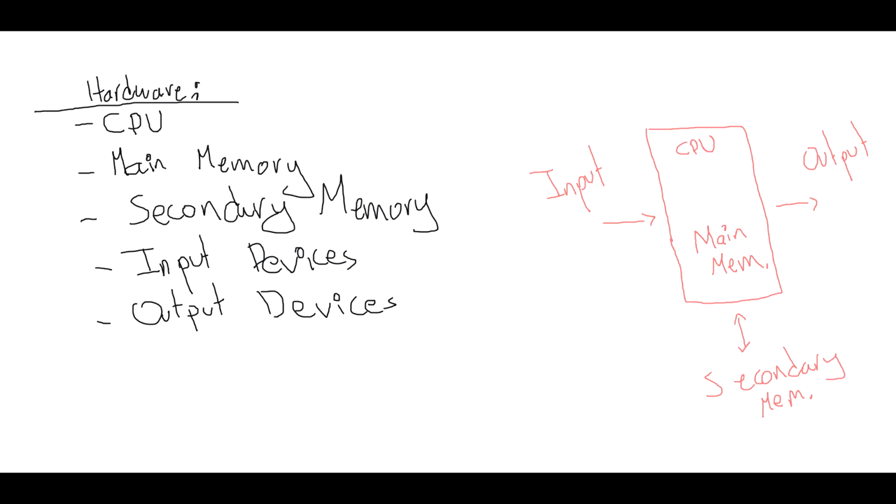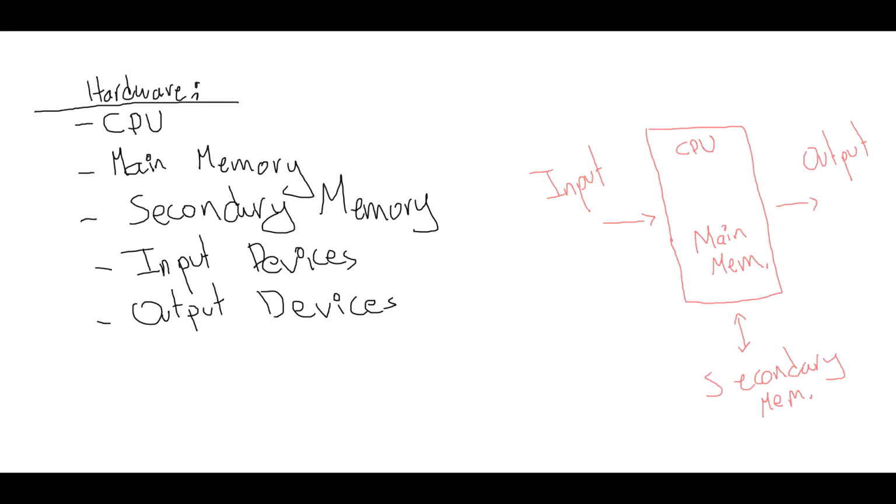So this CPU will control the info coming from the input devices, and will decode some instructions and execute some instructions in coordination with the main memory or the secondary memory and all other parts of the computer, and finally will produce an output.